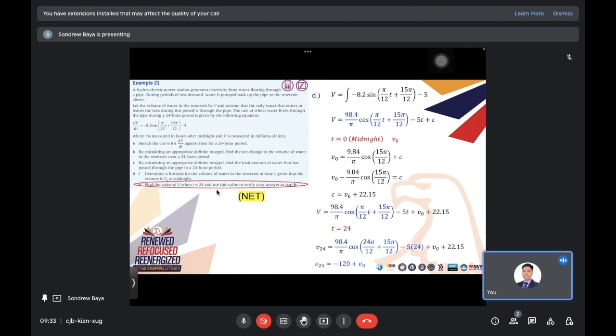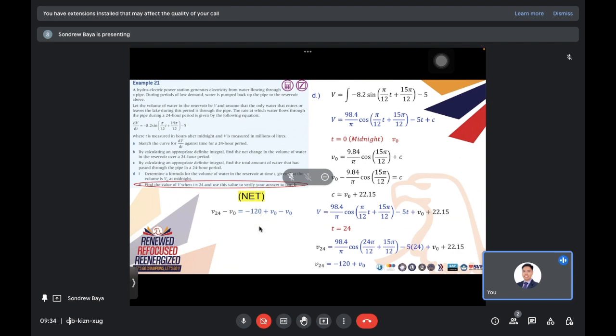To find the net change from midnight and after a 24-hour period, we have to subtract from v of 24 the initial volume, which is v sub 0, which we do not know. So the volume after a 24-hour period is derived as negative 120 plus v sub 0, minus the initial volume, v sub 0.